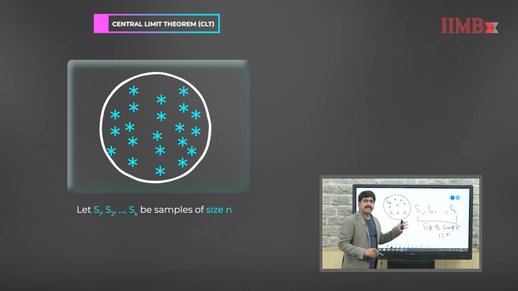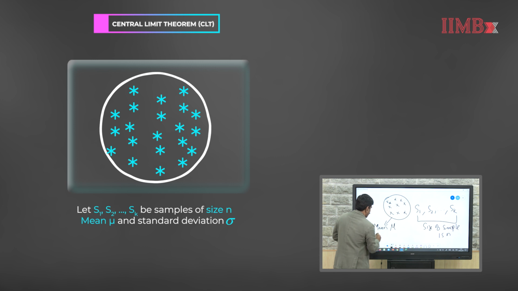That is, each of these samples have n records, and I am also going to assume that it is drawn from a population which is independent and identically distributed, and I will make a further assumption that the mean of the population is mu and standard deviation is sigma.